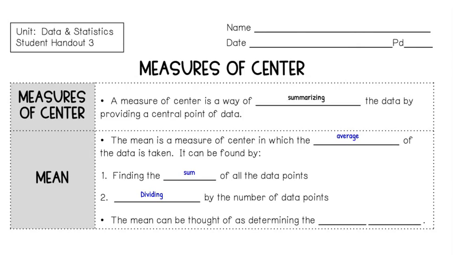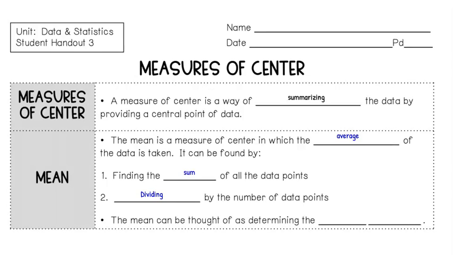So let's review here. The mean is a measure of center in which the average of the data is taken. It can be found by finding the sum of all the data points, so adding them up, and then dividing by the number of data points.